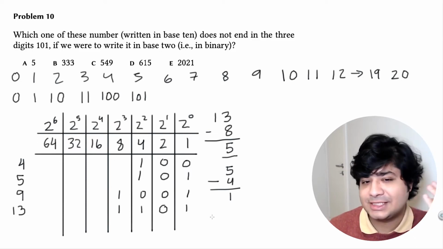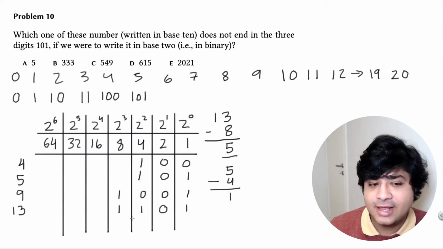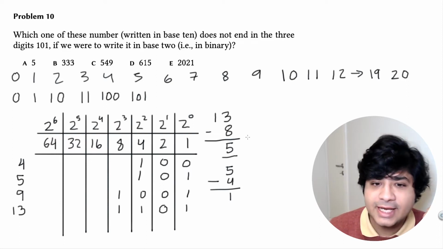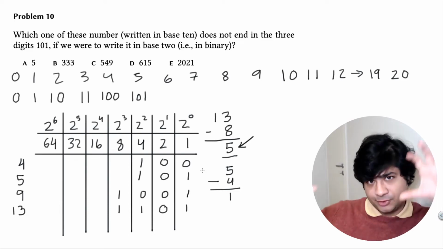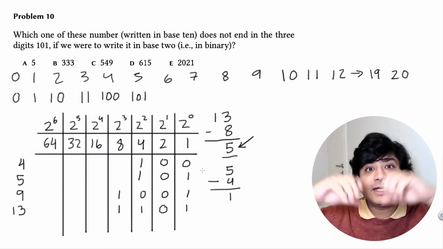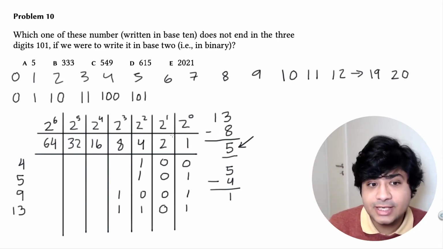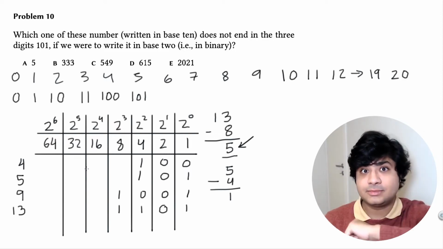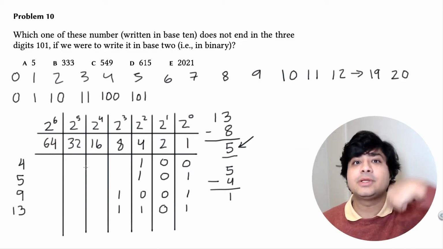So now maybe you're seeing where I'm going with this. Because what is it that determines that the last 3 digits is going to be 101? Well, that's this part right here. If you do this process of first taking the number that you're dealing with and finding the highest power of 2 that fits, which in this case was 8, and then you're saying, okay, once we've taken that, let's take that away from the main number, since we already have one of those, and then let's do the same process again.